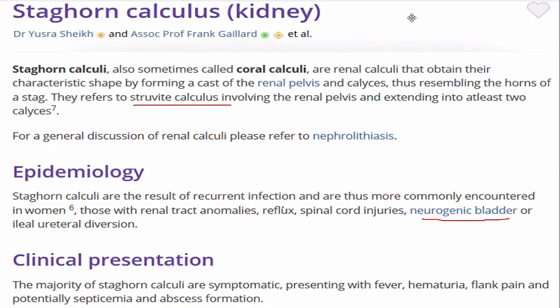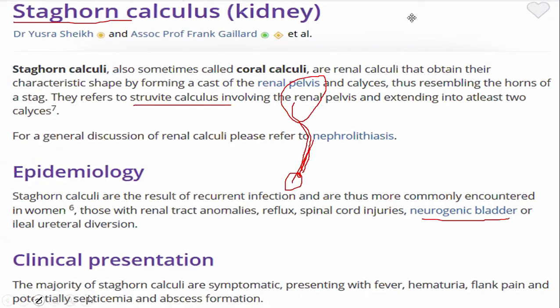Also with reflux, if you have an anomaly of the physiologic valve of your ureter, the urine would naturally reflux back and cause an infection of your kidney. So therefore, you will develop Staghorn calculus simply because you have recurrent urinary tract infection.